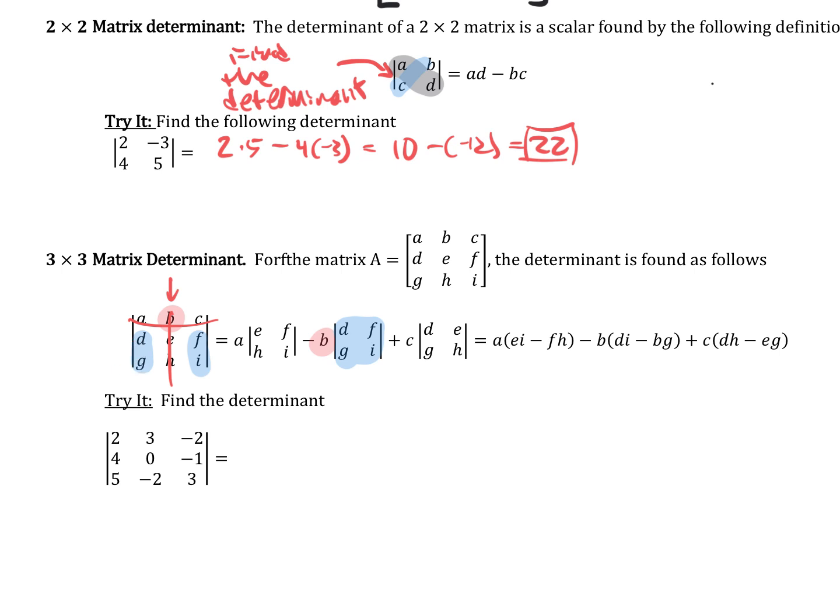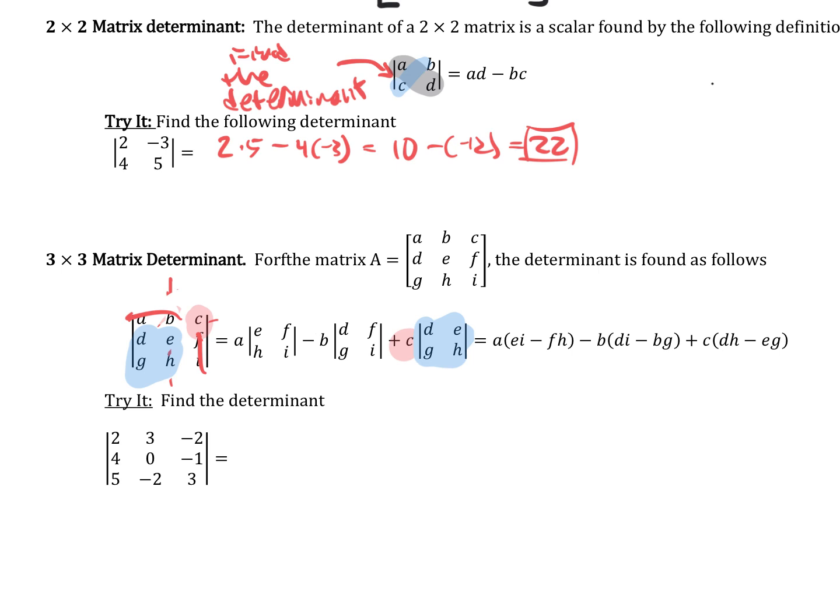And the leftover gets to be that determinant there. Plus we're going to have C, and we're going to multiply that by the determinant of D, E, G, H. Again, we kind of block out the things in the C column and the C row, and we find the determinant of that leftover matrix.